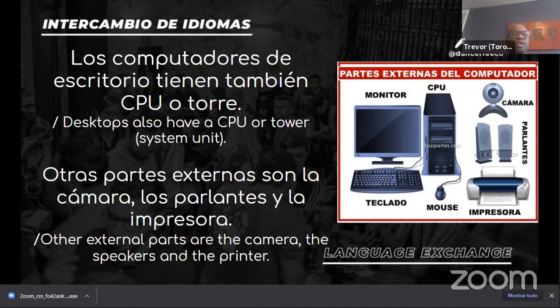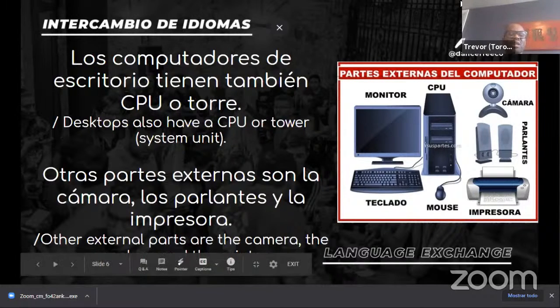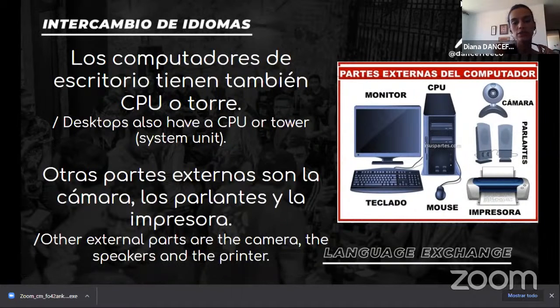Is there another word for speakers or solo parlantes? Baffles. Okay. Or some people use the English word. Some people also use the word speakers, los speakers. Okay. O parlantes, o ¿cuál es la otra? Baffles.